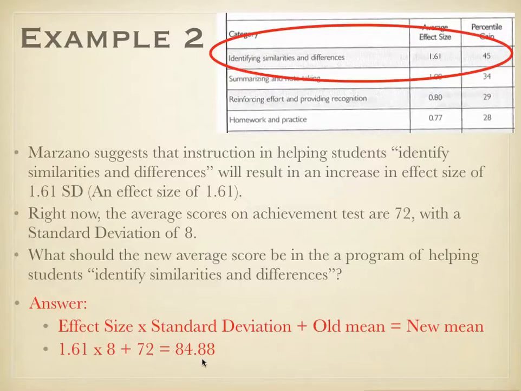You come up with 84.88 would be the new mean score if you implemented this instructional strategy adequately, with adequate staff development and modeling, and it was done well. You would see a very powerful increase in whatever assessment that you were using that was related to the demonstration of critical thinking. And then one more here.